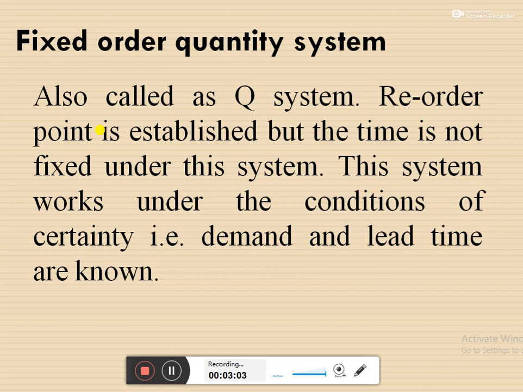This system is the oldest one and commonly used in inventory management. It is a relatively easy technique, but it comes with many assumptions that should be fulfilled to apply it.